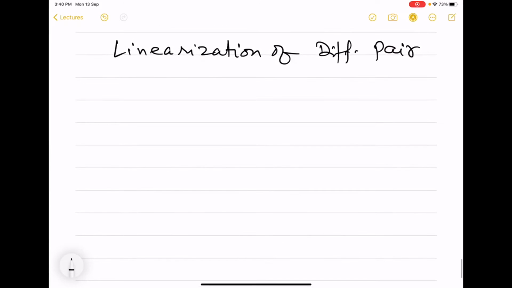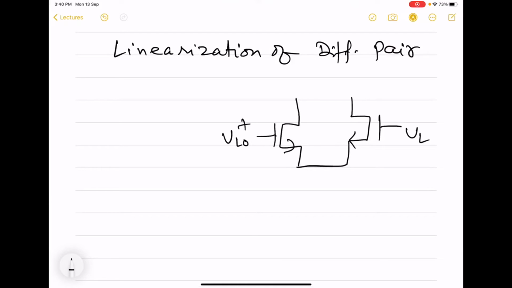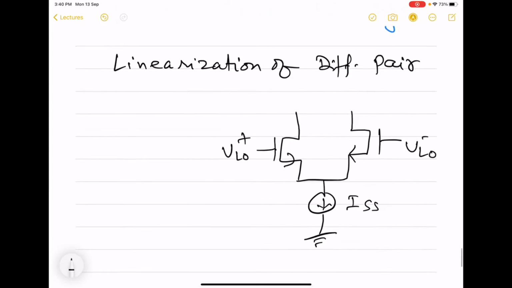So we revisit the differential pair that we studied in the very beginning, which is this one. For this case, we had found out the difference of drain current.